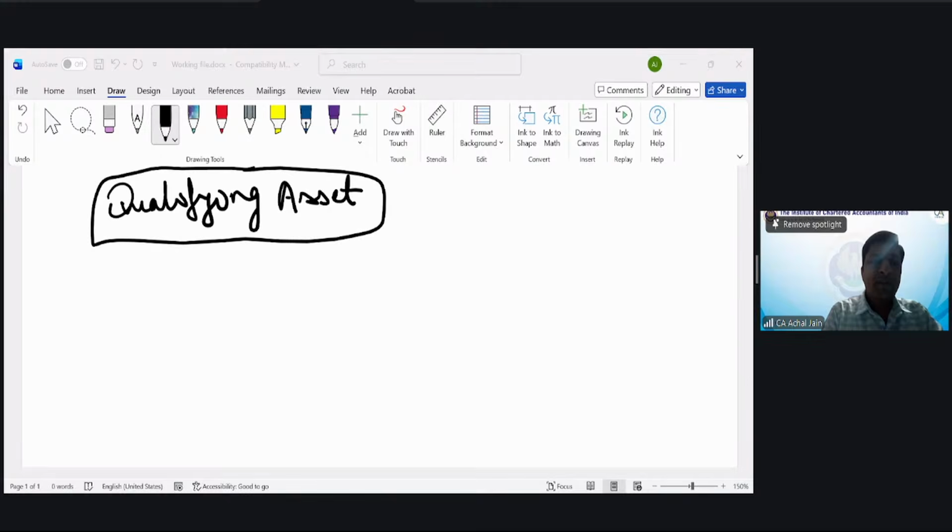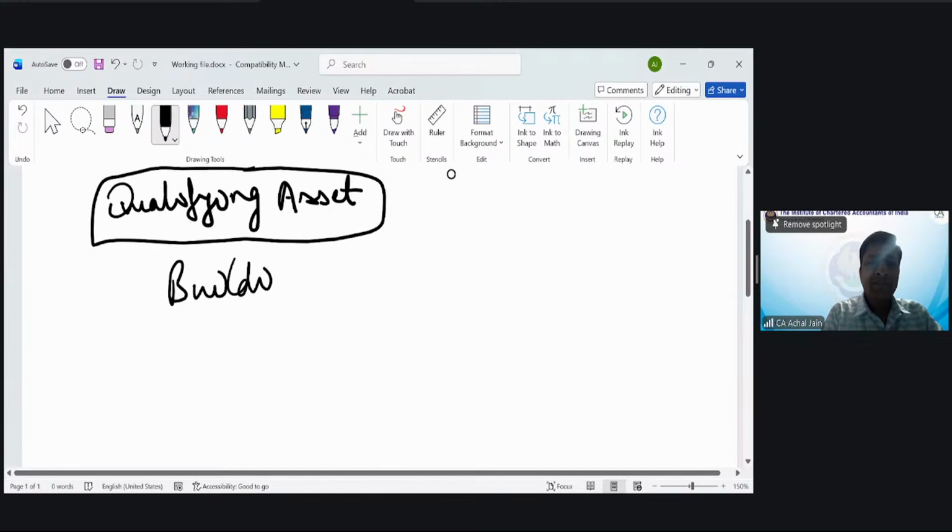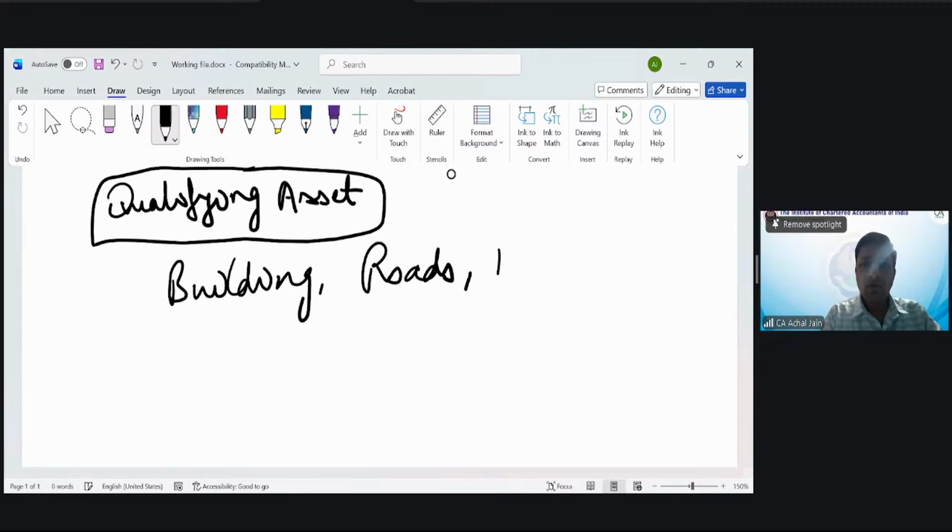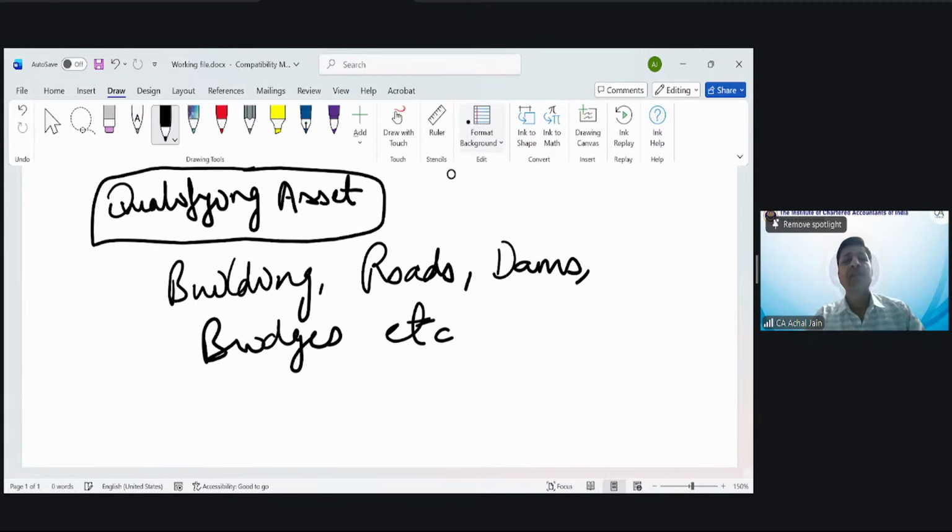So what are those examples? A very common example could be building, road, dams, bridges, and of course there are various other examples.